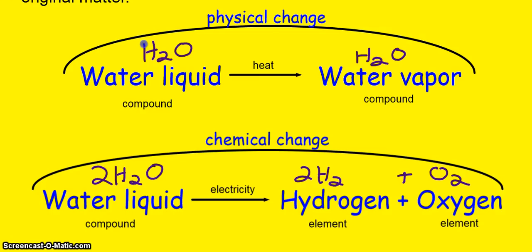I now have two elements as the product, instead of still having water molecules. So in the first, the physical change, I have a change in appearance or arrangement of the particles. With the chemical change, I've actually broken it apart and created new substances because the compound was broken down to create two individual elements.